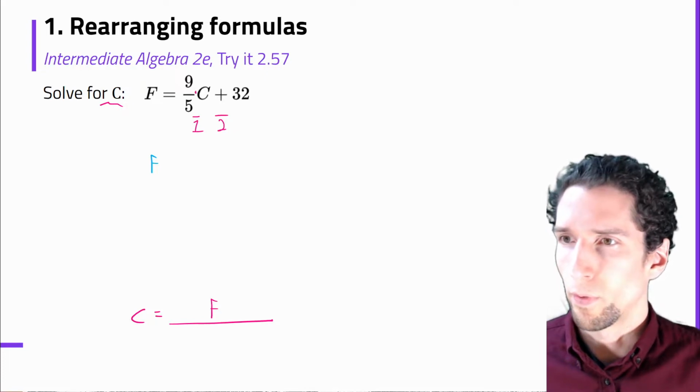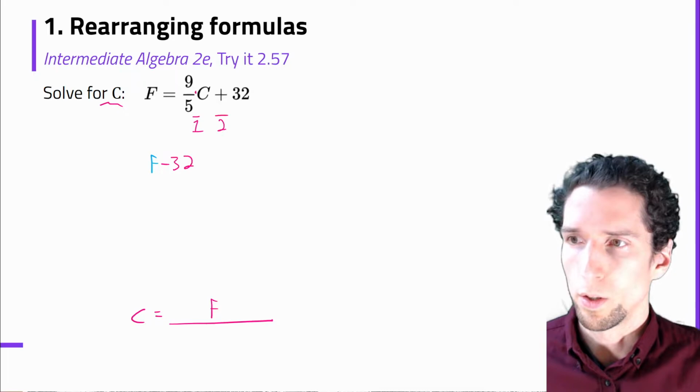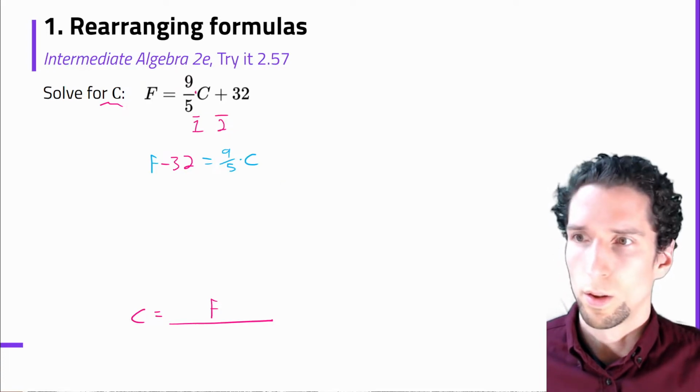So F, and we will subtract 32 from both sides. Minus 32 equals 9/5 times C plus 32, minus 32.